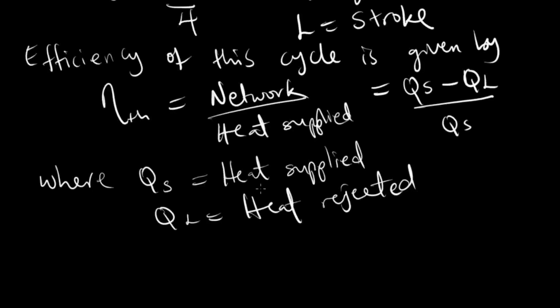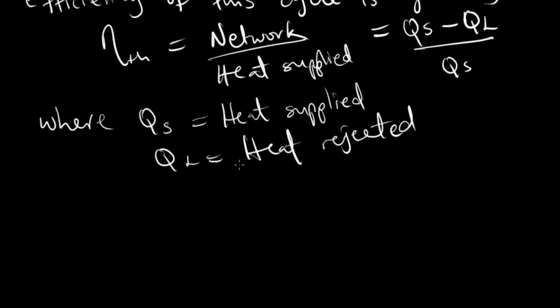So now, following the processes, you will have that heat supplied Qs is given by Cv (T3 minus T2). I think by now you should know what Cv is, because we used it in the last video in the non-flow processes.